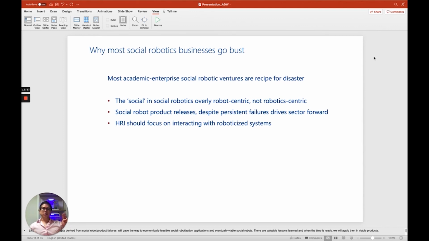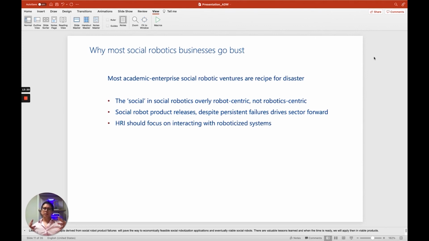One, the social in social robotics is overly robot-centric, not robotics-centric. Social robot product releases, despite persistent failures, drive the sector forward, and HRI must focus on interacting with roboticized systems.